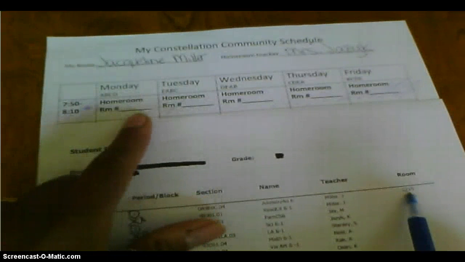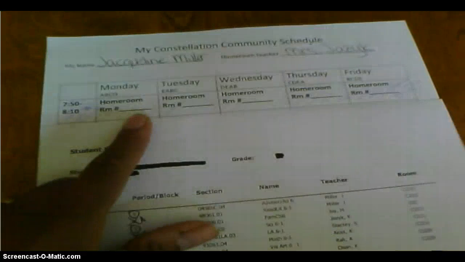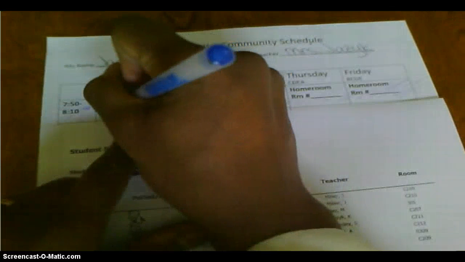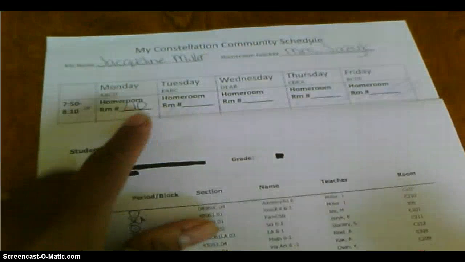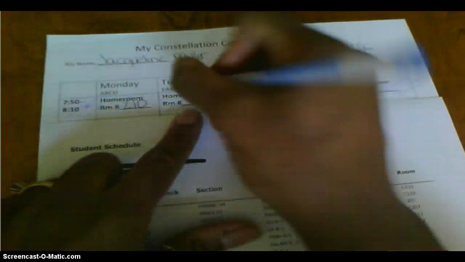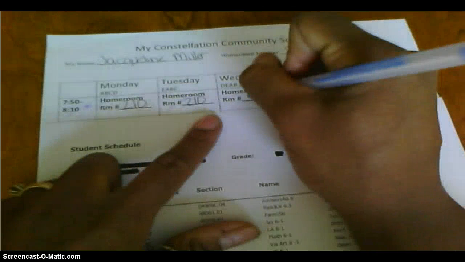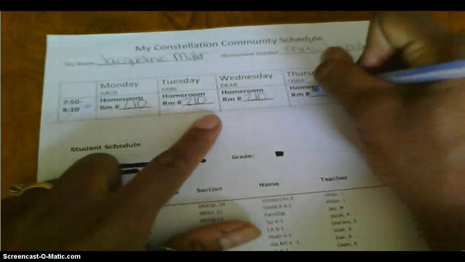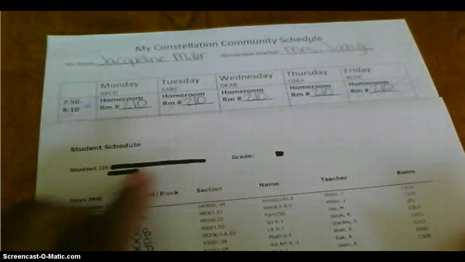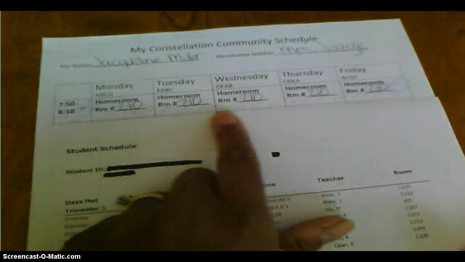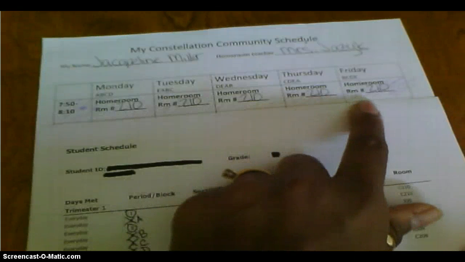We're going to put that all the way across. We'll start with Monday and we'll put the room number. Then on Tuesday it's the same room number. Wednesday, Thursday, and Friday. So this is your homeroom. That stays the same every single day.